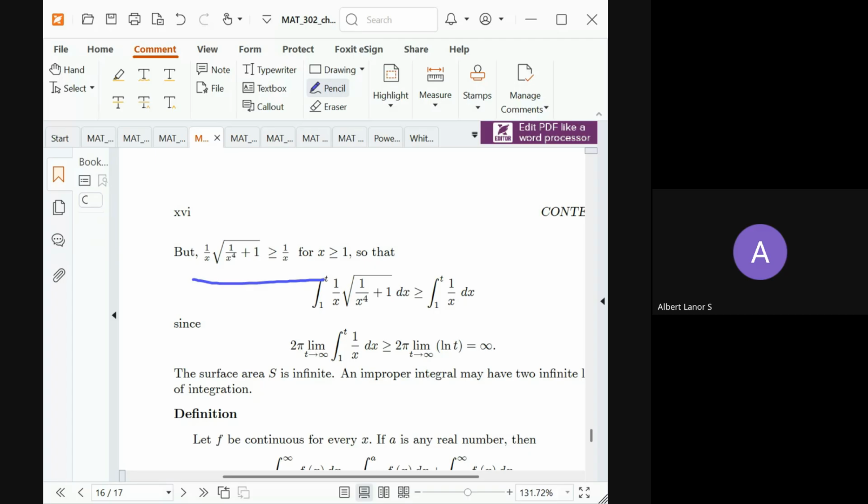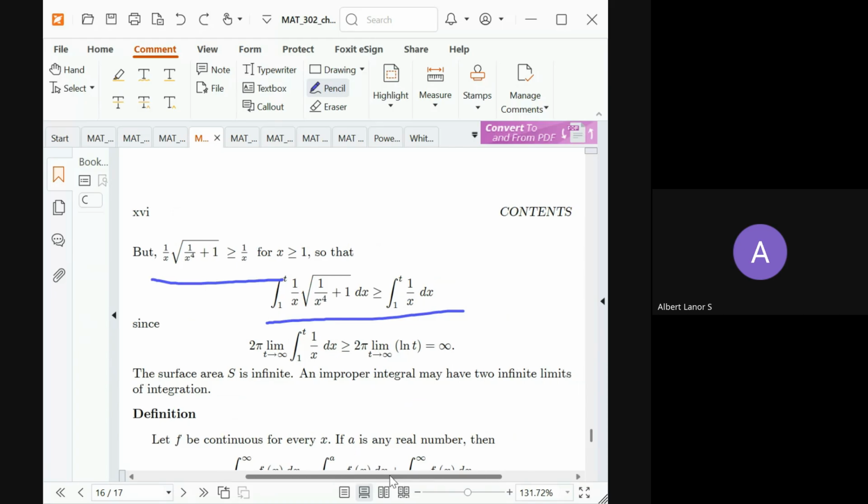So if you use that, the value you have will always be greater than 1 over x. Now, this value here is going to ln t. Ln t is equal to infinity. But what you're expecting should even be greater than this value. So clearly, the surface area S would be infinite. Once it is infinite, it tells you that the surface area does not exist.